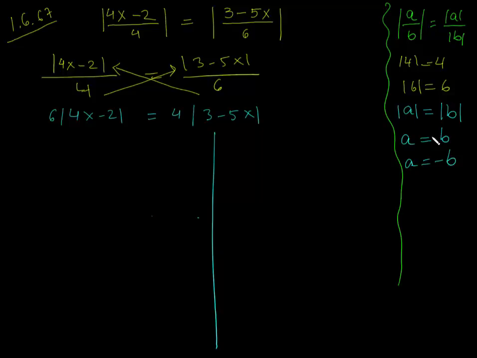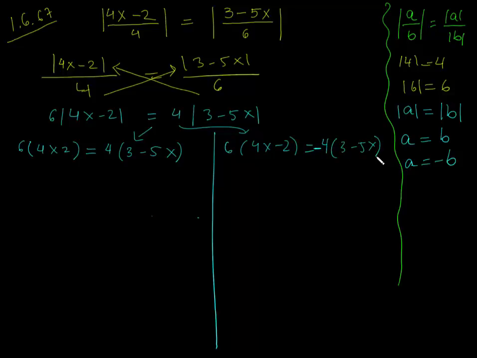So we're going to use the same rule here in this expression. 4x minus 2 is either equal to 4 times (3 minus 5x), the positive value, or 4x minus 2 is equal to negative 4 times (3 minus 5x). Oh boy, I missed the minus here. Just write this again, minus 2, right?